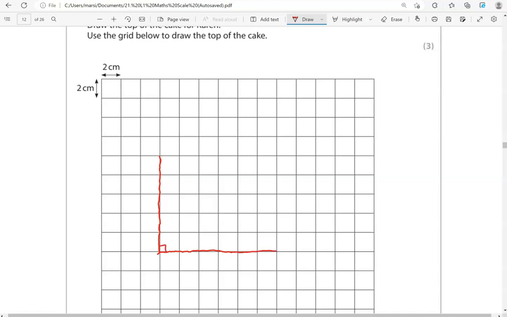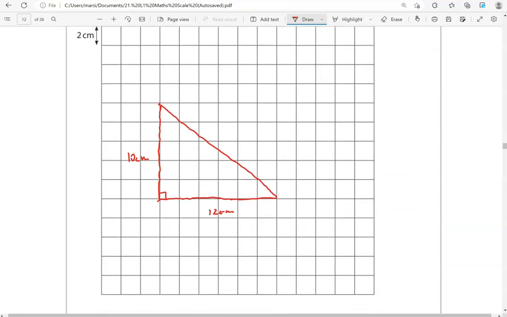So that's the angle. That's the 12 centimeter length, and that's the 10 centimeter length. Now all I need to do is join these 2 points to make a triangle. And of course you'd use a ruler to draw this, but it gives you an idea of what you do on paper.